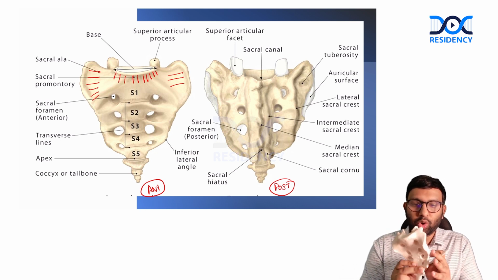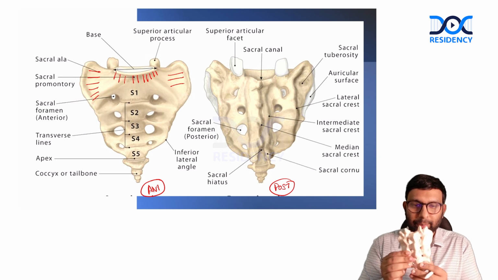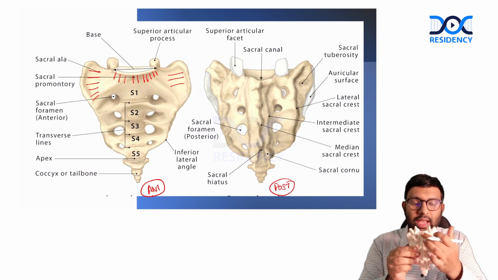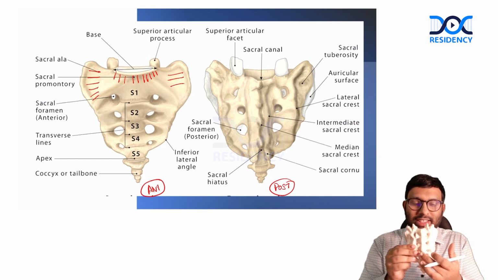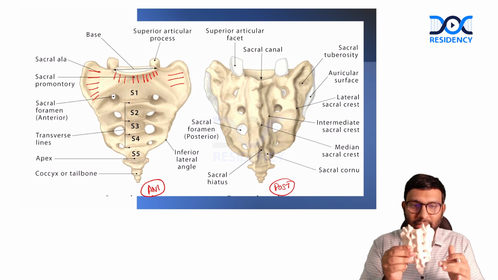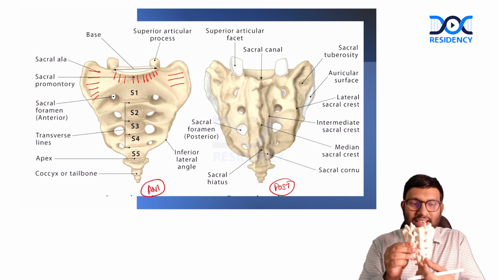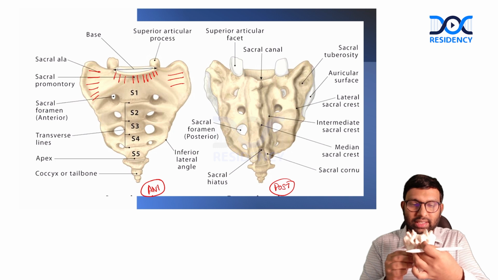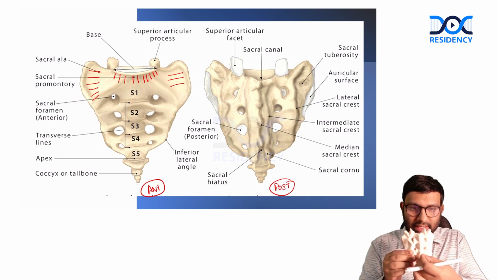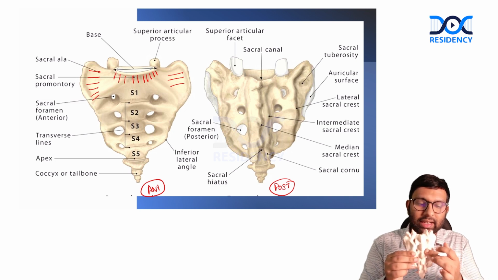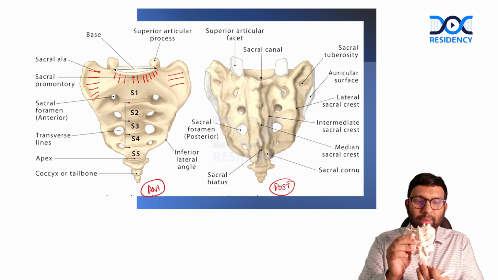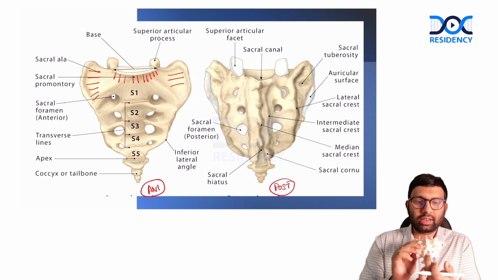And then let's go more posterior. As you go posterior, you will notice that because of the fusion of all the spinous processes of the sacral segments, you have something called the sacral crest. This is your sacral crest. You have a median sacral crest, an intermediate sacral crest, and a lateral sacral crest, and all of them join here. If you can see here, there is an opening.